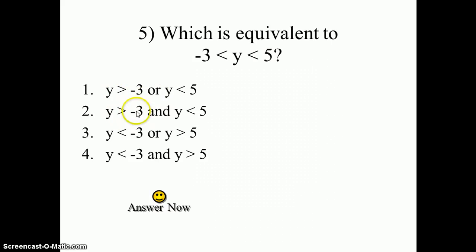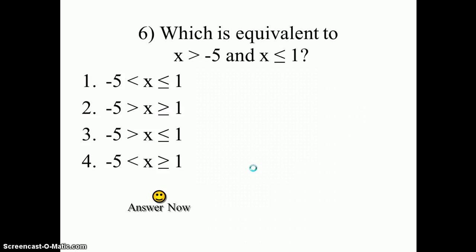Be careful here, because this one says y is less than negative 3. All they did was switch the 3 and the y. You don't want to do that. The big side still opens to y. So our answer must be 2 again. It is.